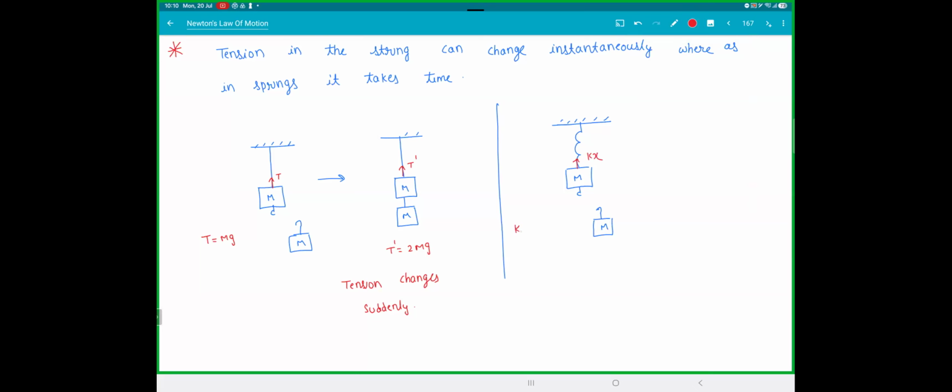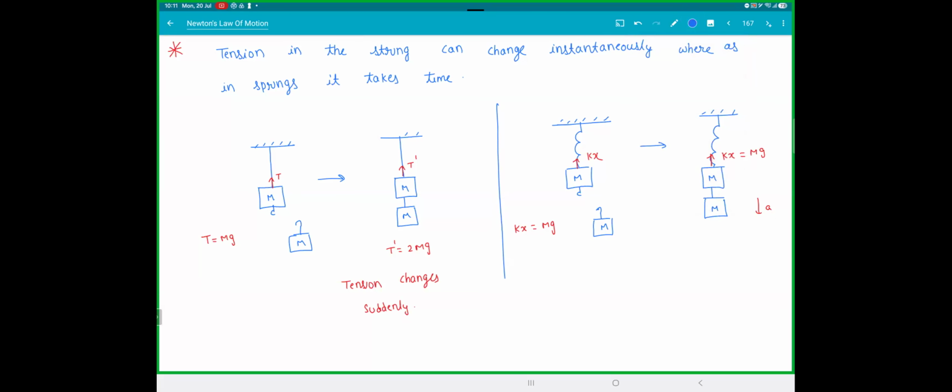So kx is equal to mg. Now, the moment you attach a block, the elongation is still same. The spring doesn't care how much mass is there. Spring will ask only one question: what was my elongation? As long as my elongation is same, I don't care. I'll apply the same force mg. The system will accelerate though. That's a different story.